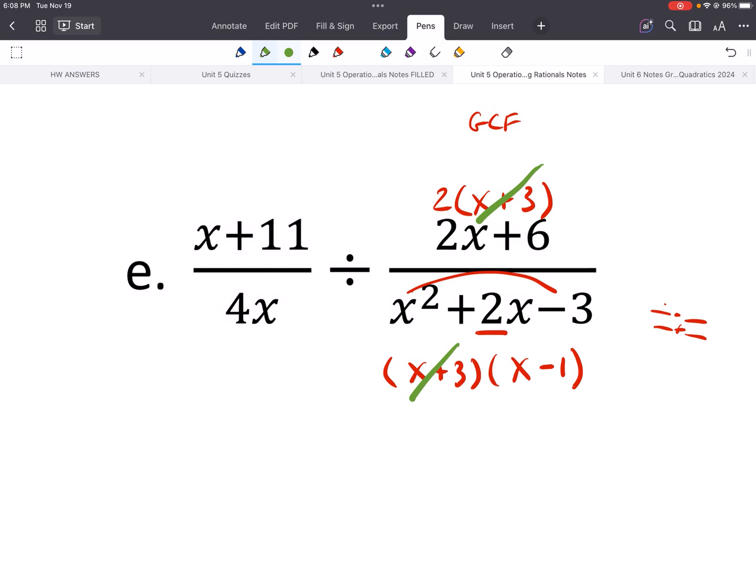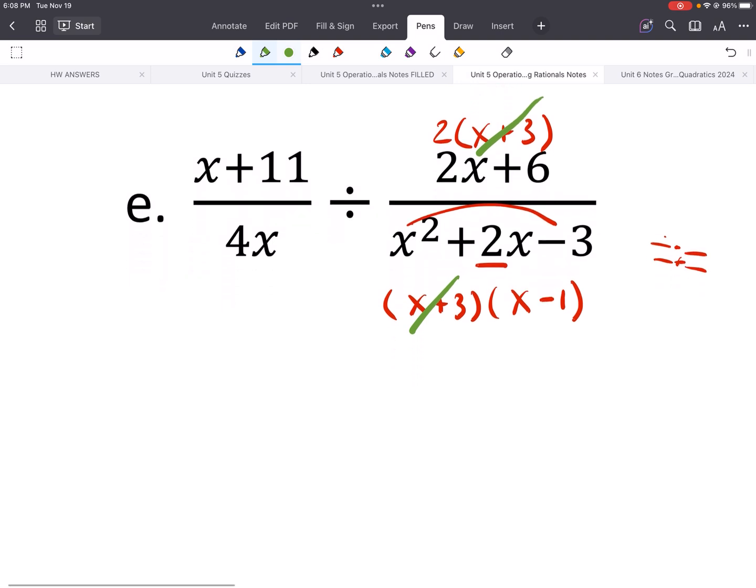So here we could cancel those just because they're top and bottom. And then we could keep, change, flip. It doesn't really matter if you did that first, but again, we couldn't try and cancel something over here if they were the same, because we haven't done keep, change, flip.